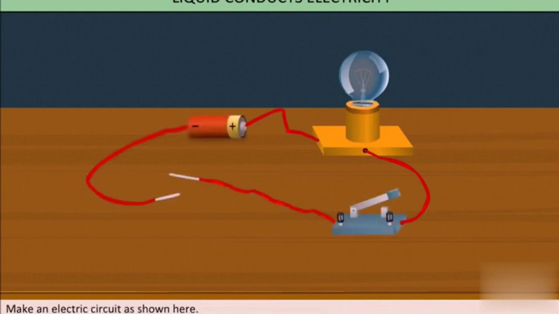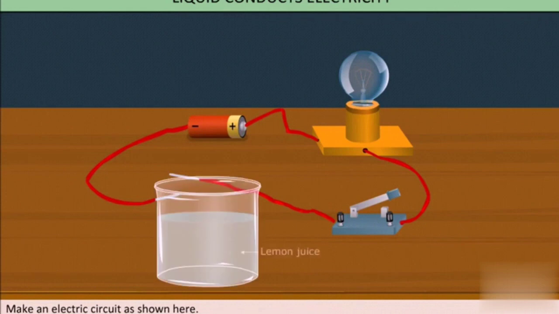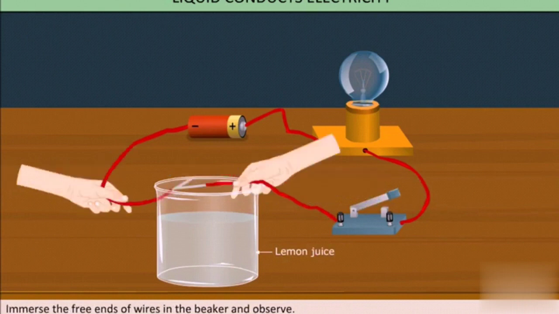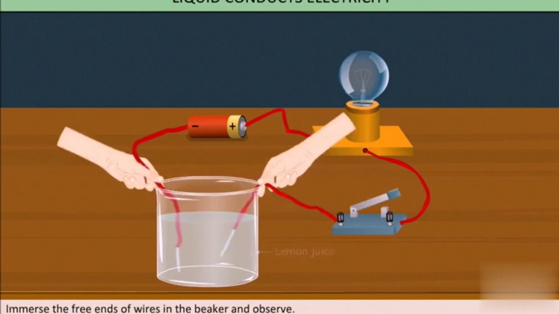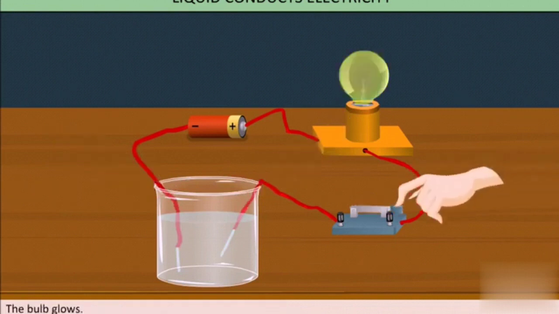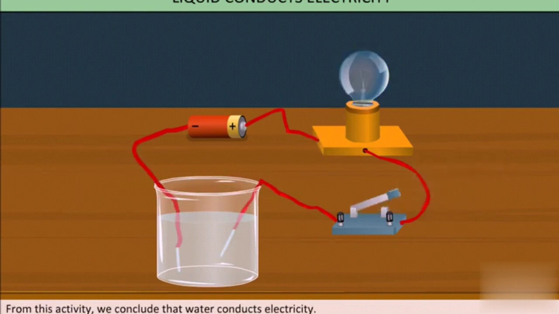Make an electric circuit as shown here. Immerse the free ends of wires in the beaker and observe. You can observe that the bulb glows. From this activity, we can conclude that water conducts electricity.